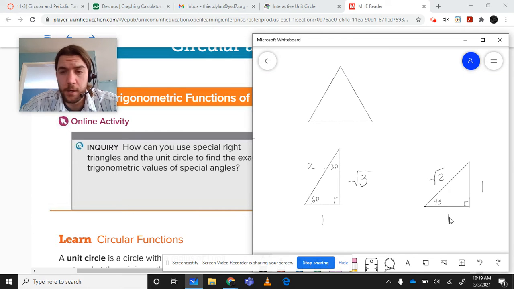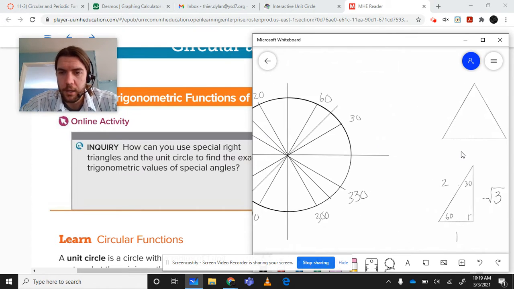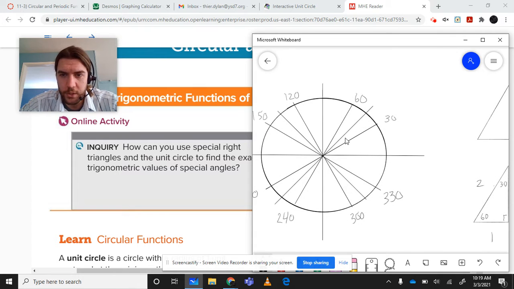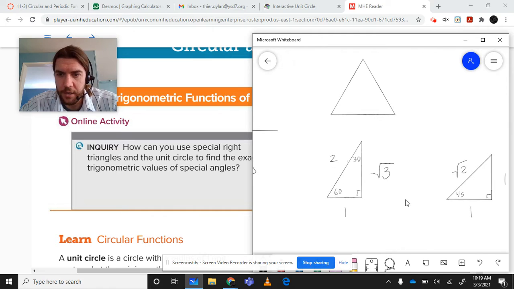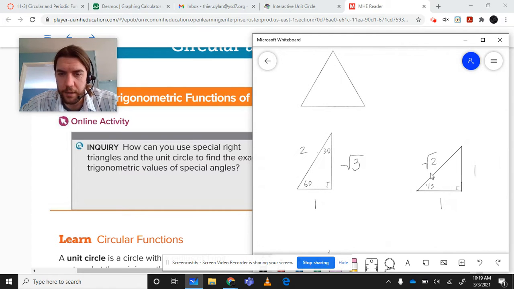So once again, just picking a number, 1 and 1, would mean that this number would have to be the square root of 2, right? 1 squared plus 1 squared would be 2, and square root of 2 squared would be 2. The sum of these squares needs to equal the square of the hypotenuse. Okay, so these are the two special triangles. That's really all you need to get started approaching what we're going to call special angles, which you'll see a lot of. You just have to have an understanding of these two triangles.